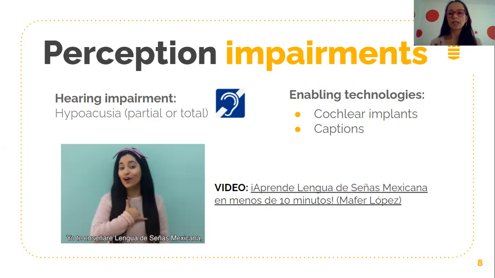For those who are completely deaf, the usual solution is offering captions or subtitles, which means that they can read the contents that they cannot hear.